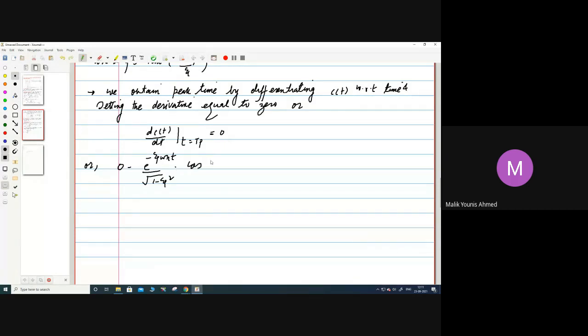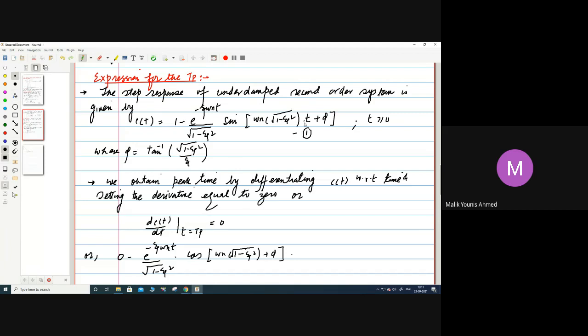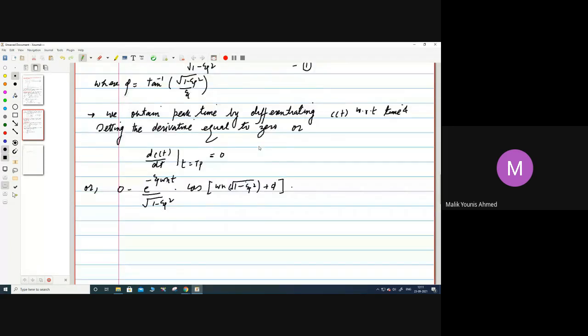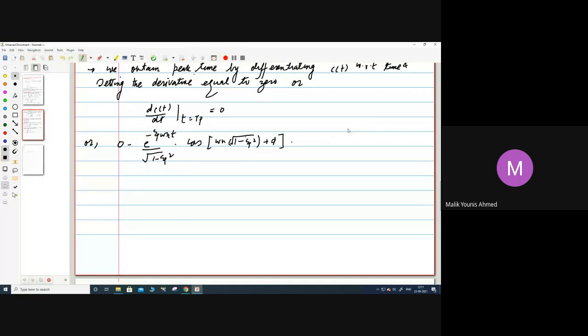Derivative of sine is cos of omega n under root of 1 minus xi square t plus phi. Then the internal differentiation, since we are differentiating with respect to time, so omega n under root of 1 minus xi square will also come into the picture.